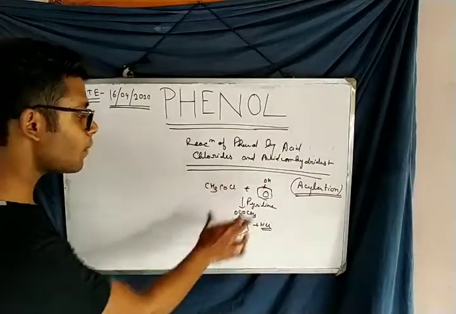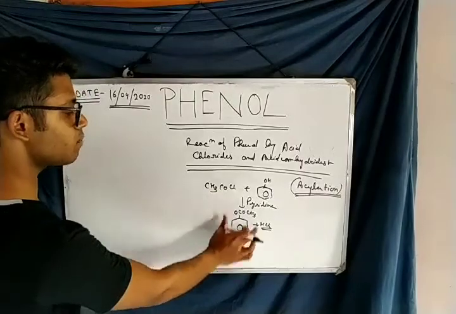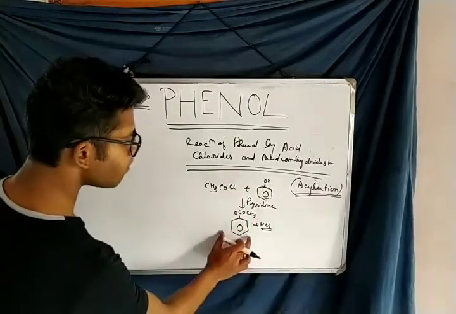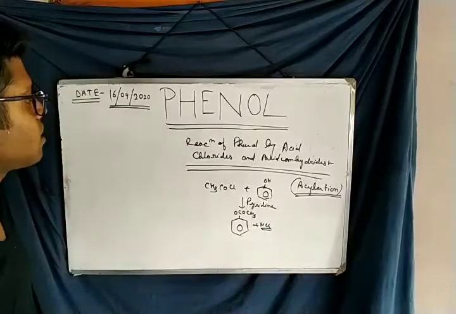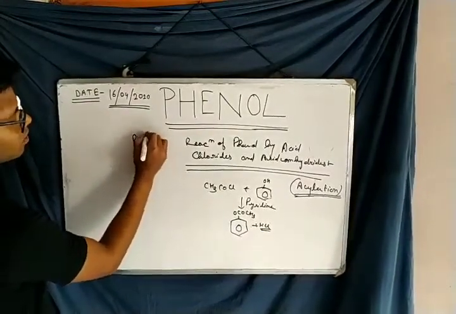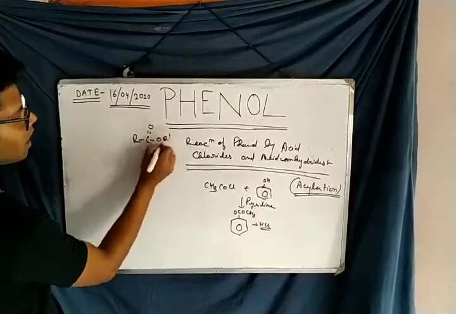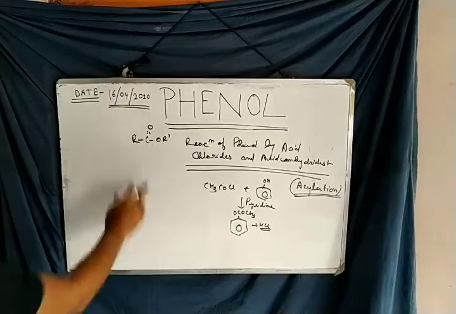See properly, if we react phenol with an acid chloride, the compound obtained from this reaction is an ester. We know the chemical structure of an ester is RCOOR'. Two oxygen atoms are present.